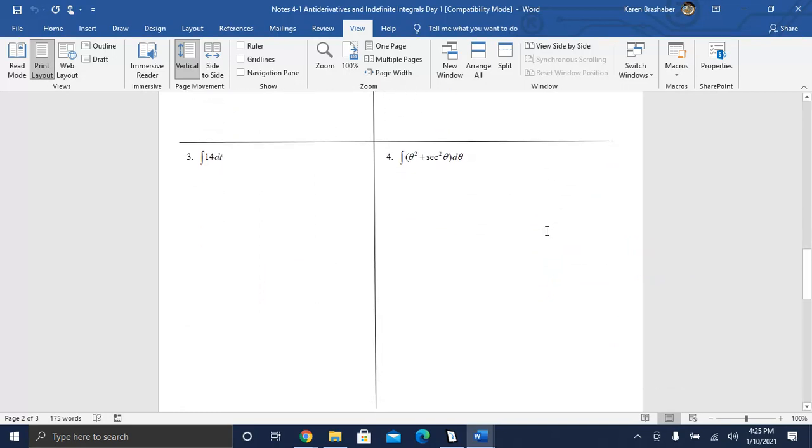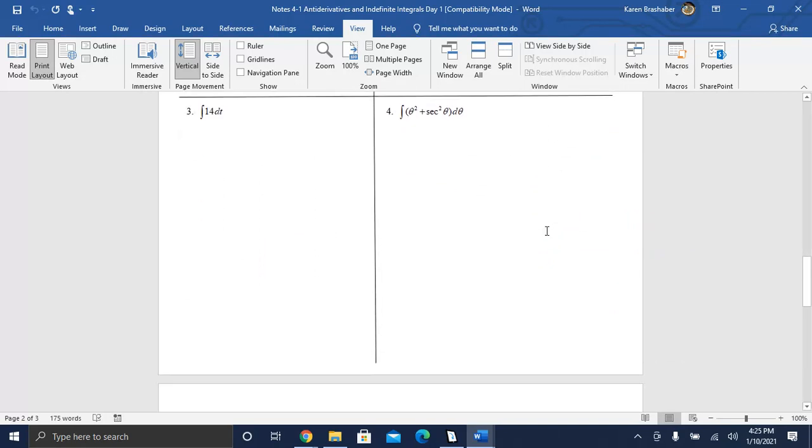So on the last two, I didn't put your steps, but the steps are always there. However, on problem number 3, this is one that can be confusing. So think about what it's asking. You're asking what has a derivative of 14. And so it would have to be something times a variable. Now, this is one of your rules.